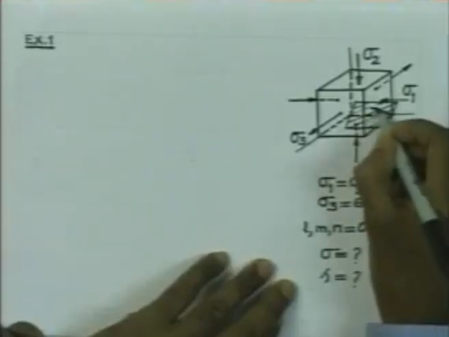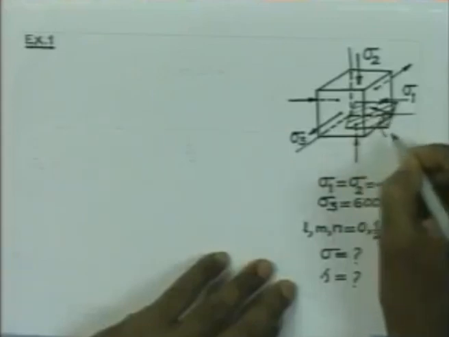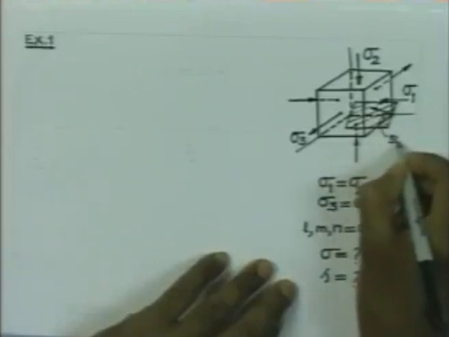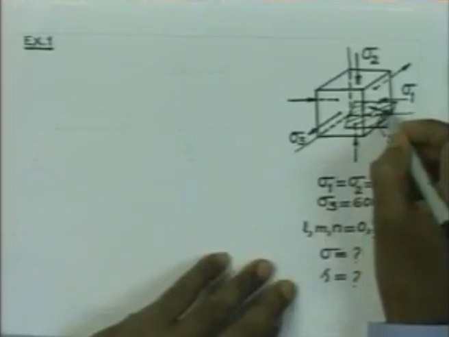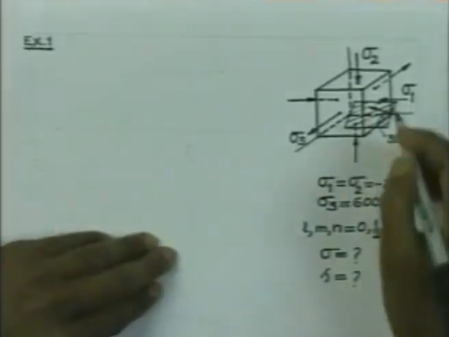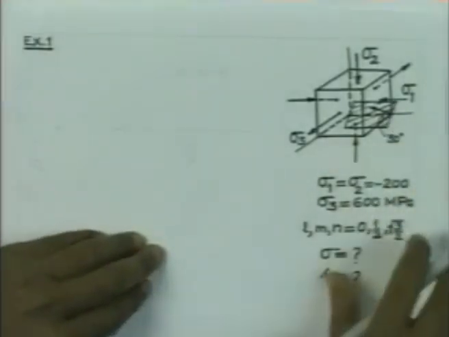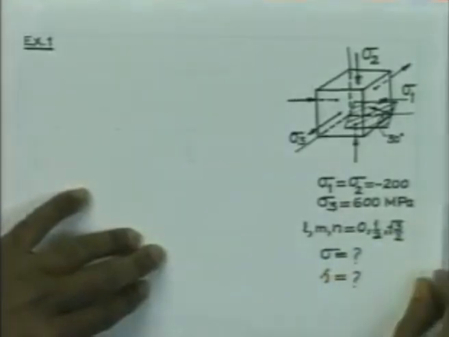This is the outer normal which makes an angle of 30 degrees, and it is making an angle with the sigma 2 direction of 60 degrees, and it is necessary to find out the normal stress acting on this plane and also the shear stress.